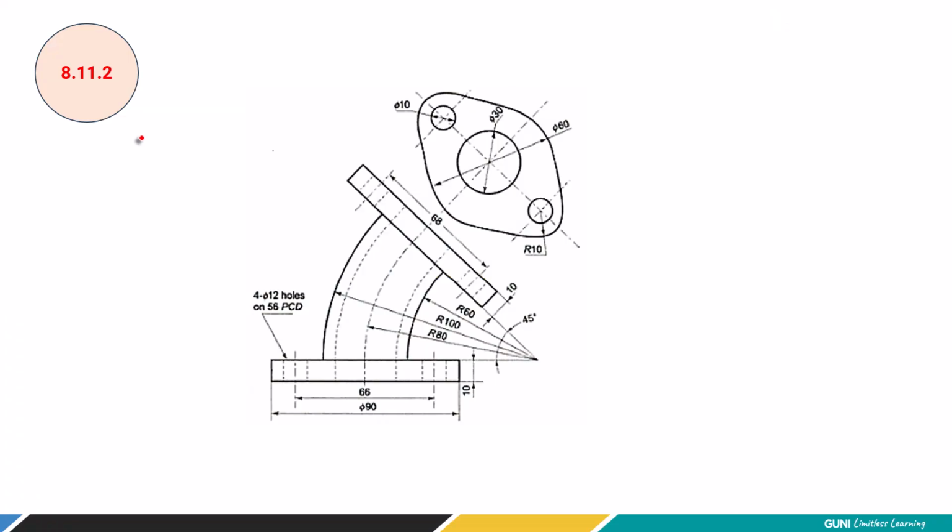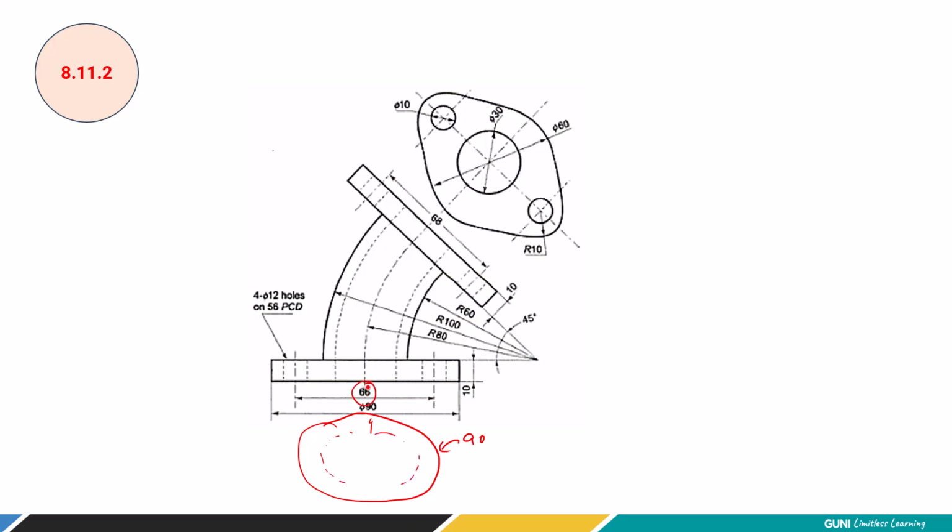Now exercise 8.2. Just study the sketch very carefully. The bottom part as per the dimensions looks like a circle whose outer diameter is 90. The pitch circle diameter is 66.